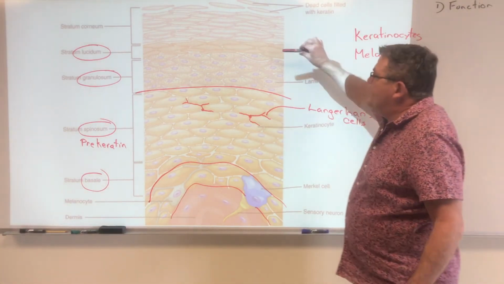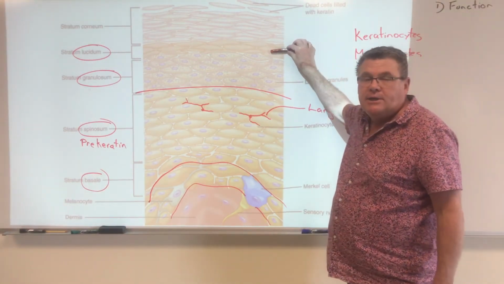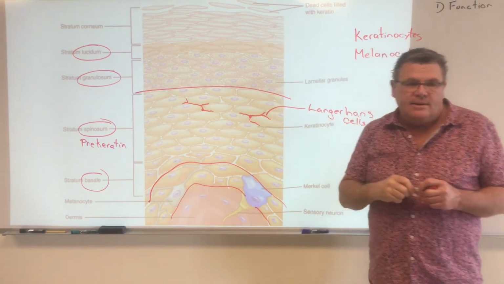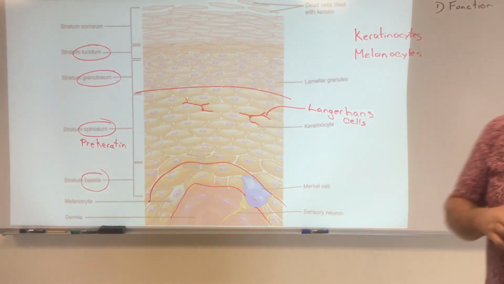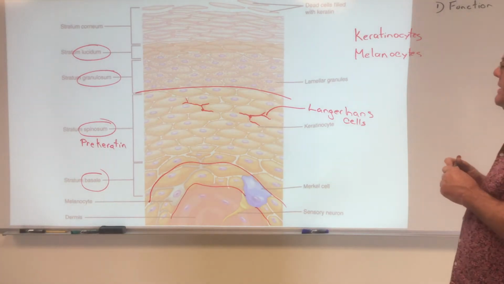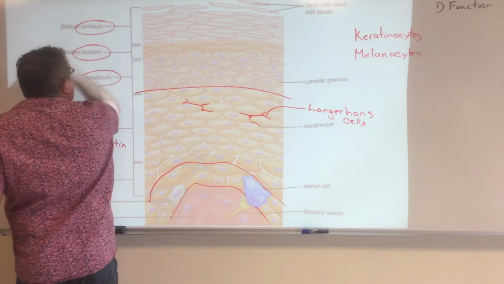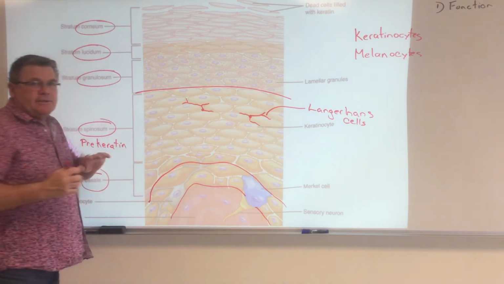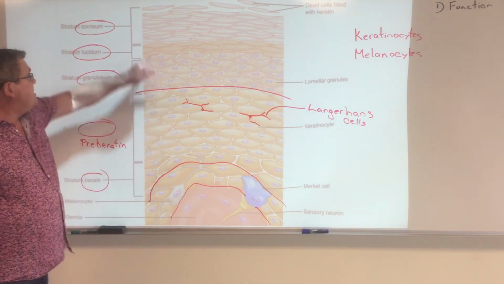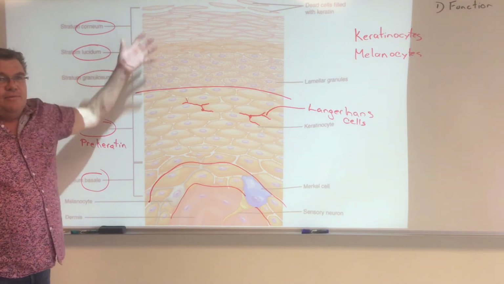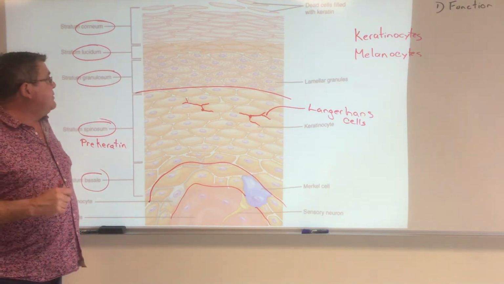By this time, your keratin production is complete. You've now completely keratinized. Then we get to the stratum corneum. And this is what you're looking at when you see the outside of your skin. This stuff is completely dead. It's completely keratinized. Not a whole lot wants to move through this physically.